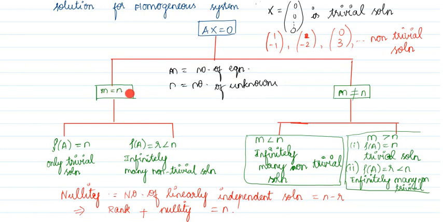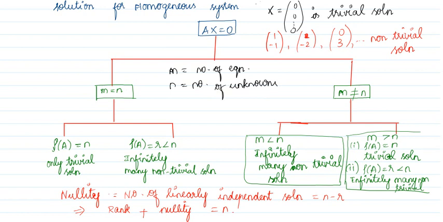If m is equal to n, then we have to see the rank of A. Here we don't have an augmented matrix, because B is all 0, so we find the solution by operating only on matrix A. If rank of A equals n, then it has only the trivial solution. If rank of A is less than n, then there are infinitely many non-trivial solutions. I'll tell you what trivial and non-trivial solutions are.